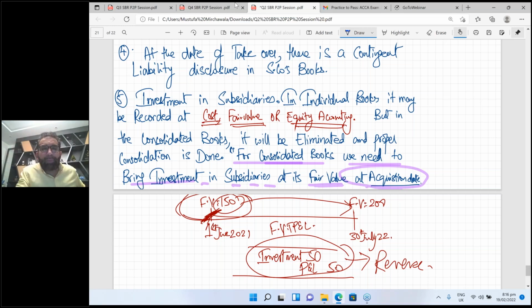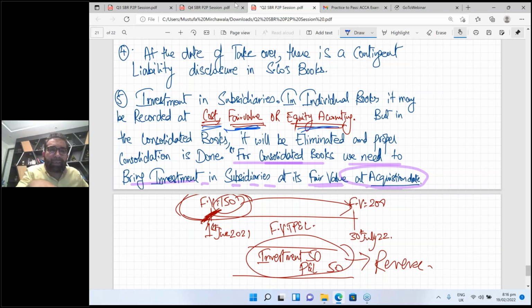And in the individual books we have certain options available. See this. In individual books it may be recorded at cost. Yes, you can record that investment at original cost, or at fair value, or you can apply equity accounting as well. So in the individual books of parent company, the shares of subsidiary company are recorded according to one of these three treatments, okay?